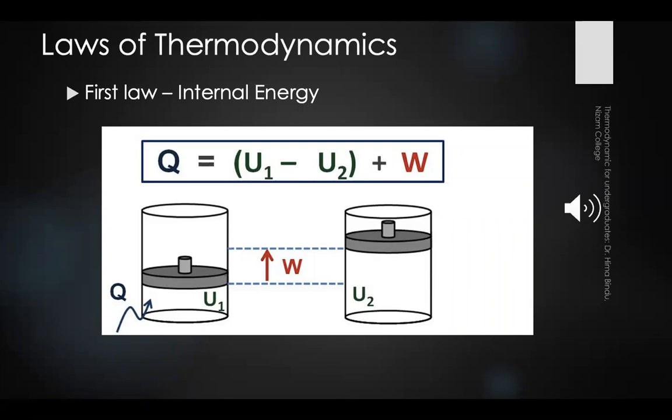Also, the internal energy U of a system depends only on the state of the system and not how it reached that state. U is a function of a few macroscopic quantities like pressure, volume, temperature, etc.